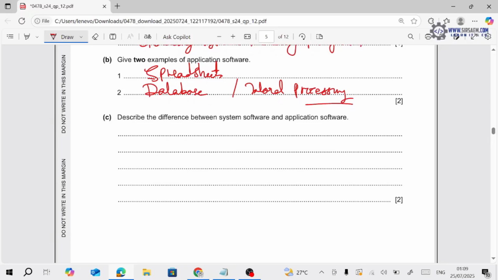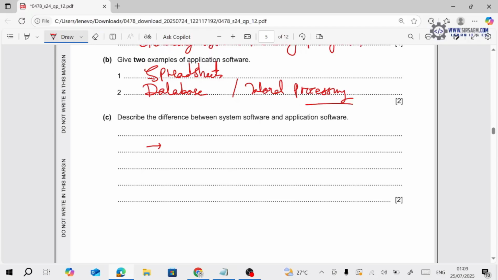What is the difference between system software and application software? System software is used to make the computer functional. The way we always explain an operating system is, an operating system is an interface between the user and the hardware.